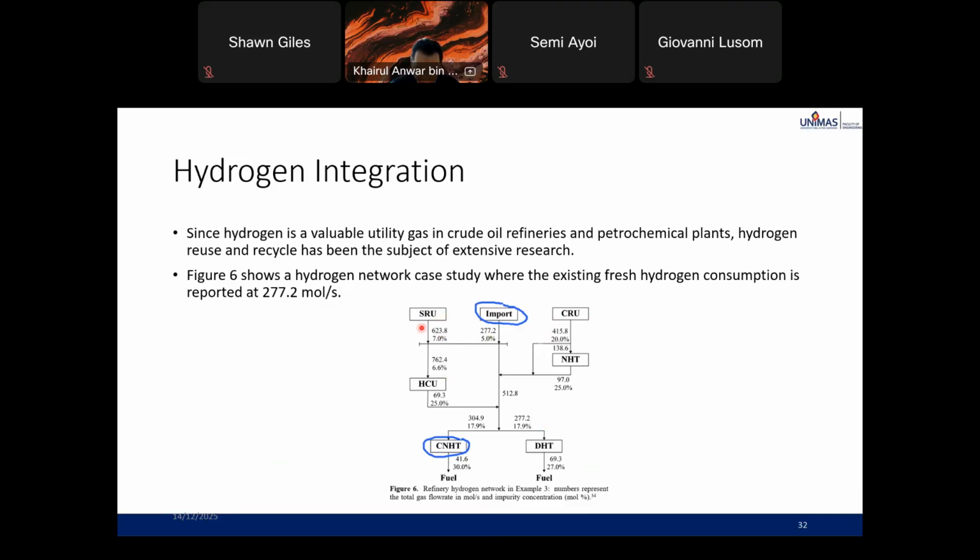So fresh hydrogen supply has 5% impurity for this case study. There are 3 sources of hydrogen in this case: SRU, CRU, and import. Import is the purest at 5%. One is 2772 mole for SRU, 623.8 for the second, CRU is 415.